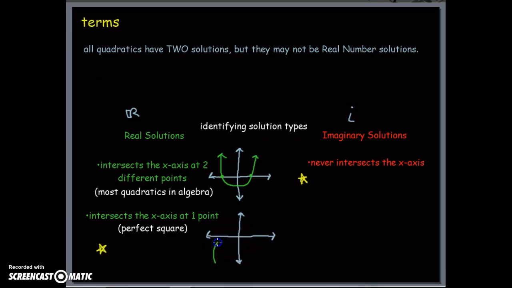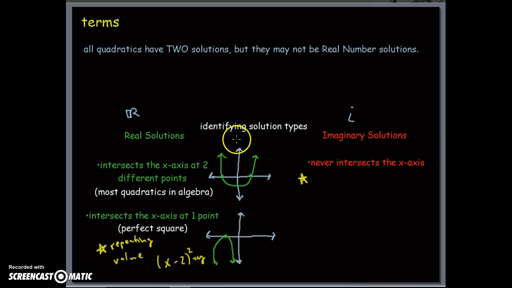If our quadratic touches only at one place, at that place it's a repeating solution, a repeating value. So it's a perfect square, something that looks like x minus 2 squared equals y, where the value for x is 2 and it's a repeating 2.